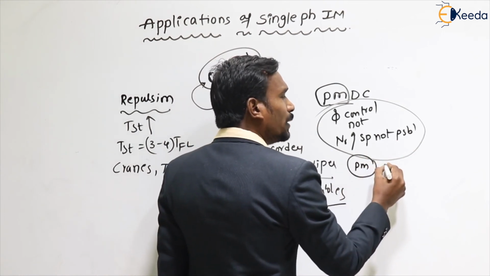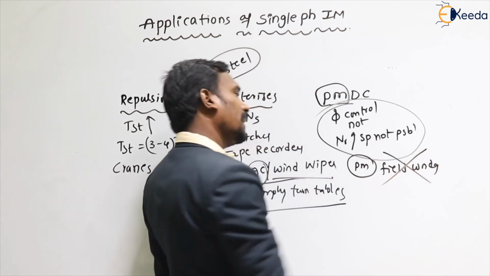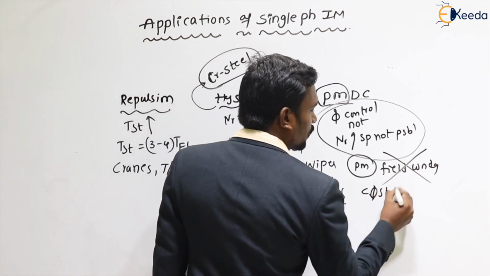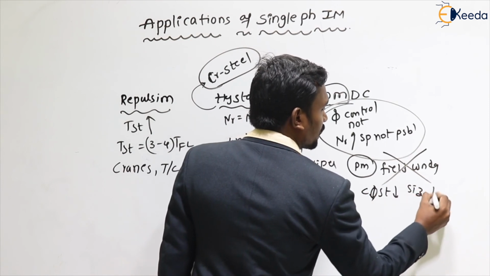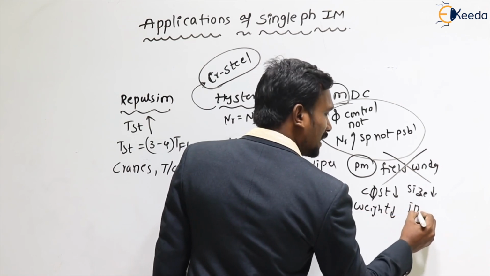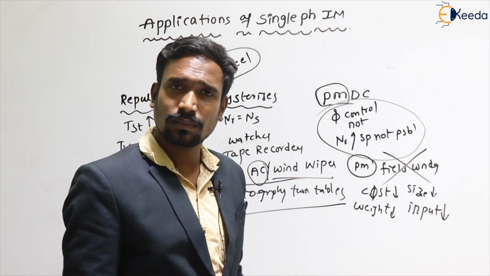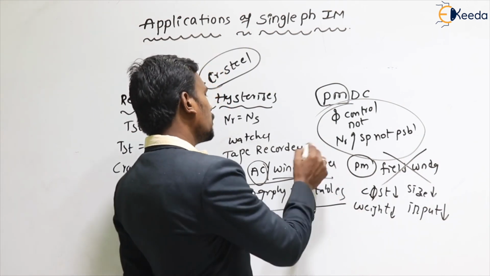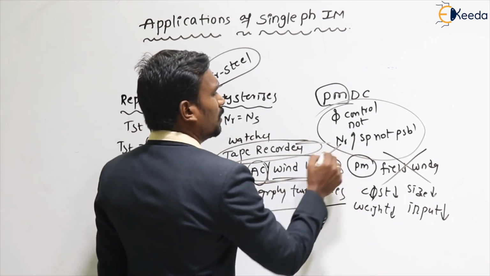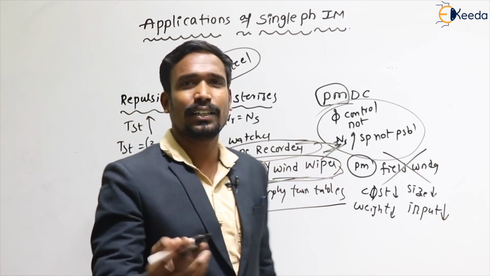That's why there is no need for a field winding, it is replaced by permanent magnets. So cost decreases, size decreases, weight decreases, and input also decreases, because no field current is needed. Generally these are used for tape recorders, vehicles, wind wipers and air conditioners.